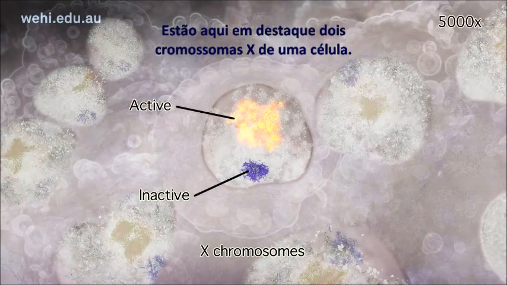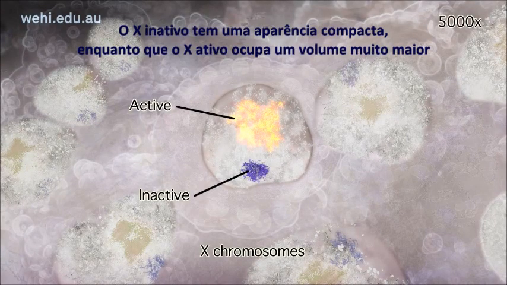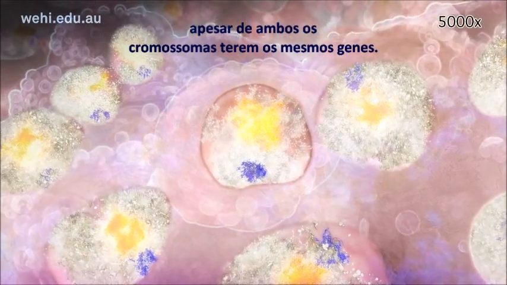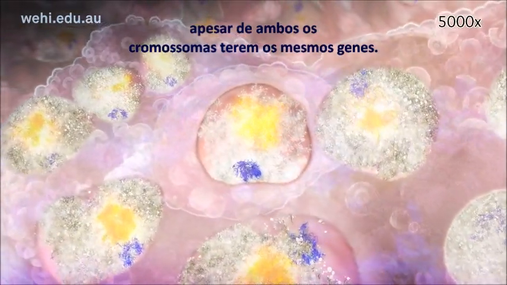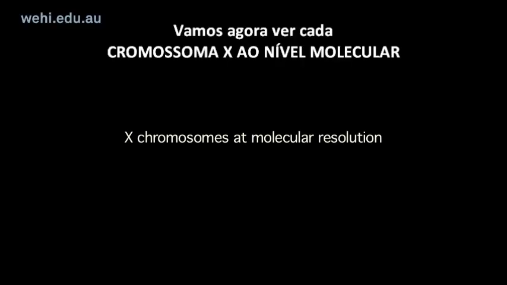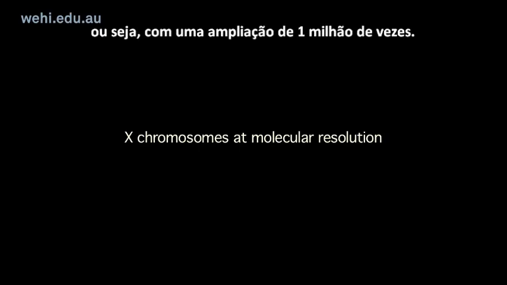Highlighted here are 2 X chromosomes from one cell. The inactive X is compact in appearance, whereas the active X occupies a much greater volume, despite the 2 chromosomes having the same gene content. We will now take a look at each X chromosome at the molecular level, which is at approximately 1 million times magnification.